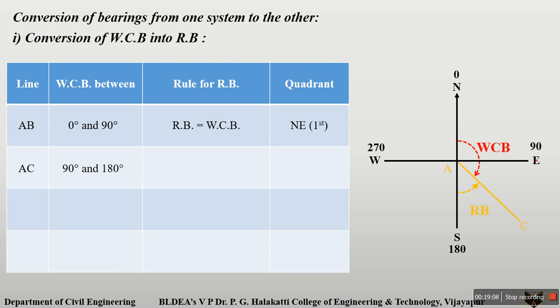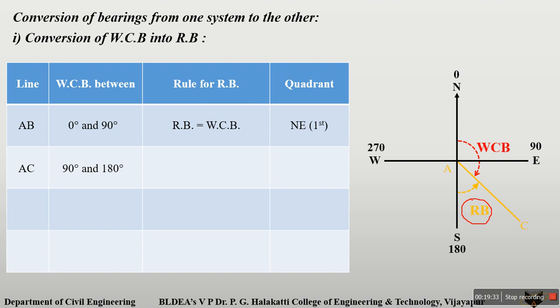This is our arc. So how will we calculate here? Very simple. From here to here, how much is it? 180 degree. 180 degree minus this WCB value, we will get this much value. Whatever the value is, this is our reduced bearing.